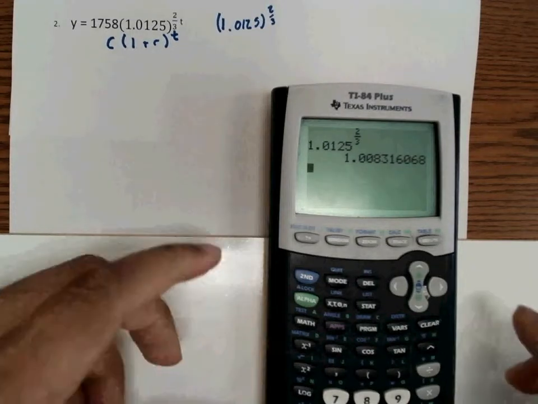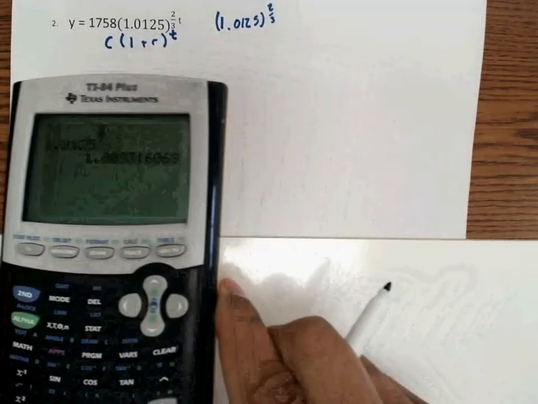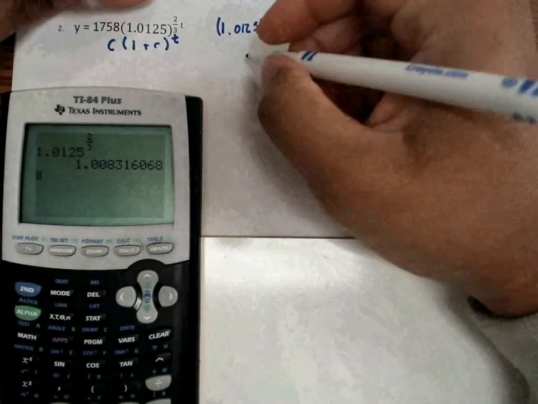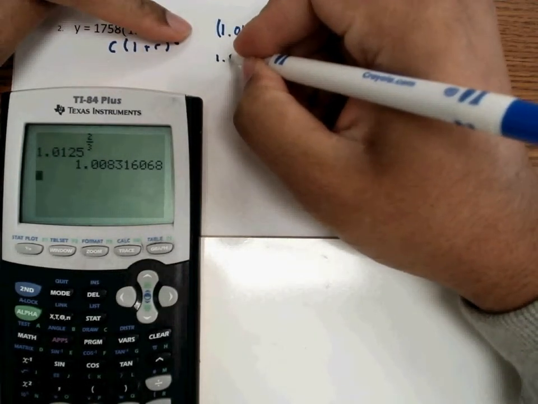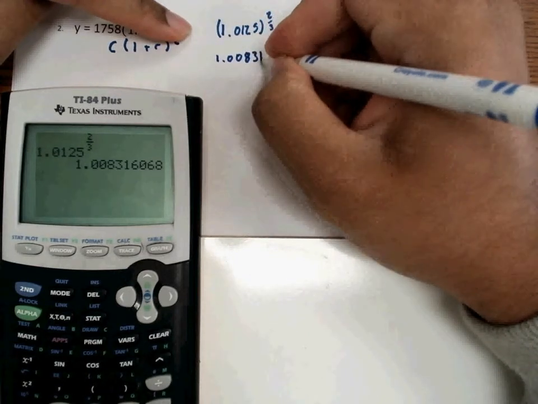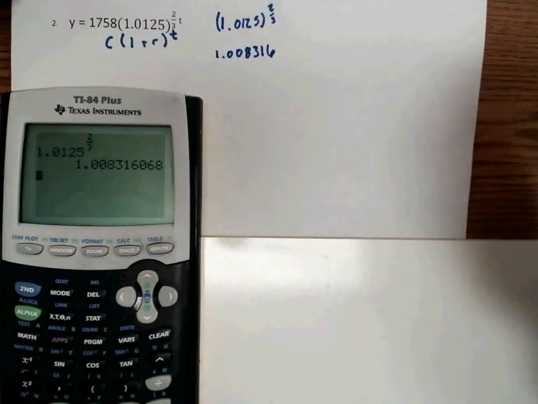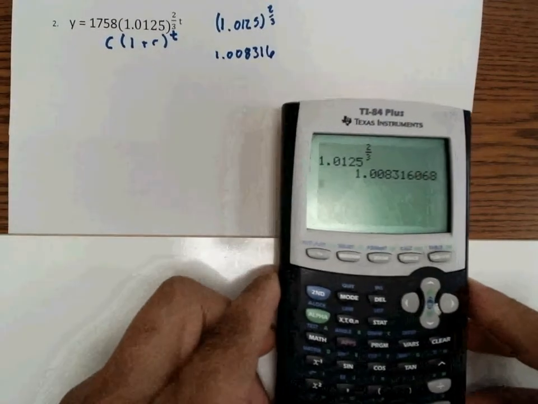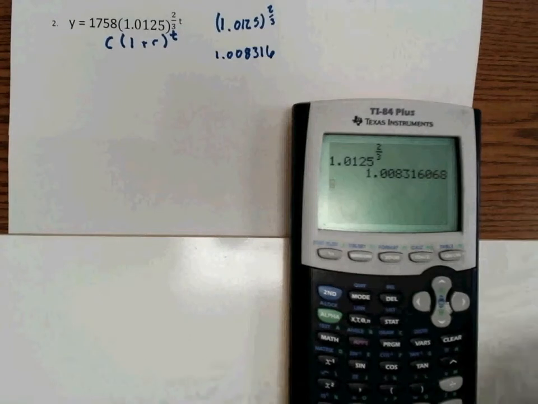I'm going to write that out real quick. So we have 1.008316. If you remember before, all we need to do is subtract 1, so minus 1.